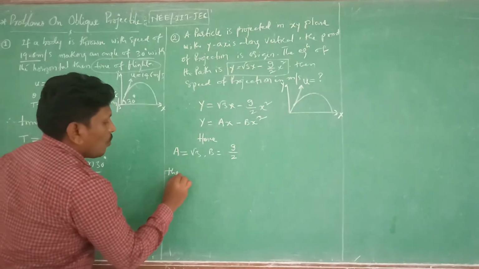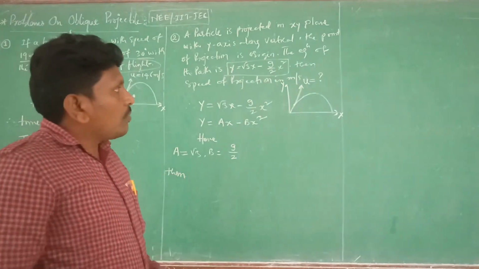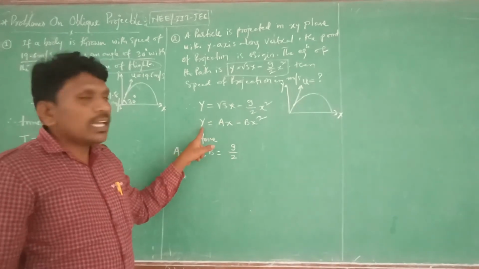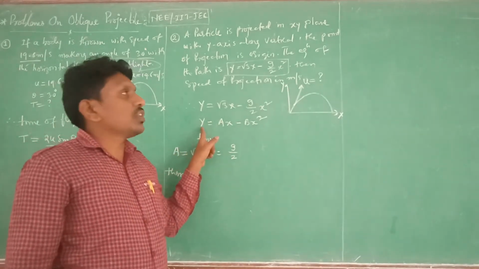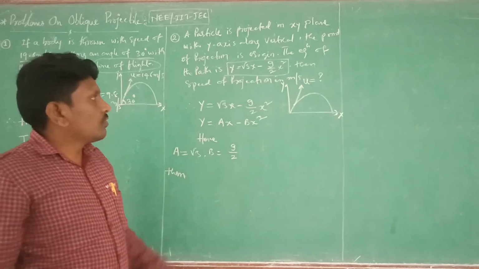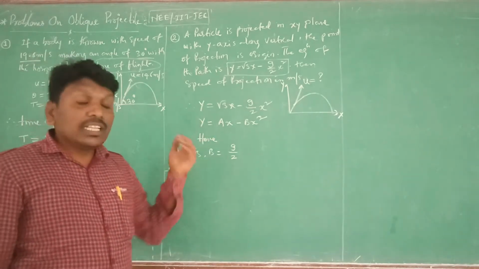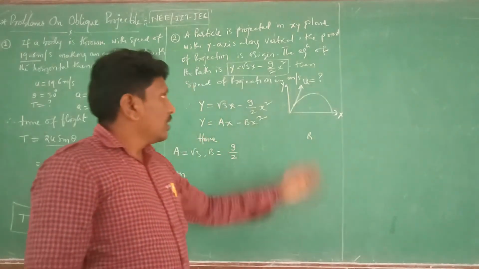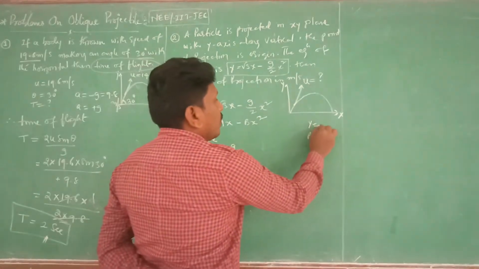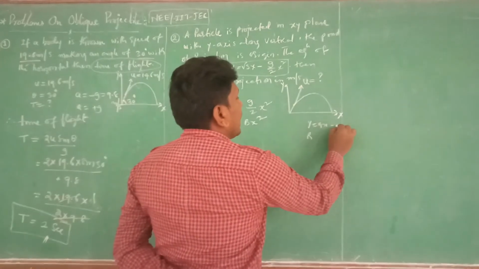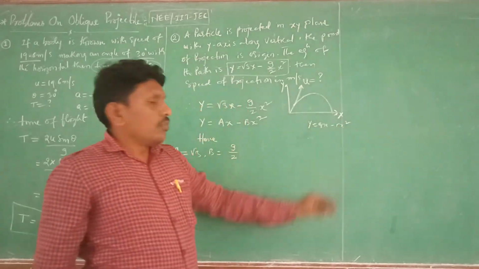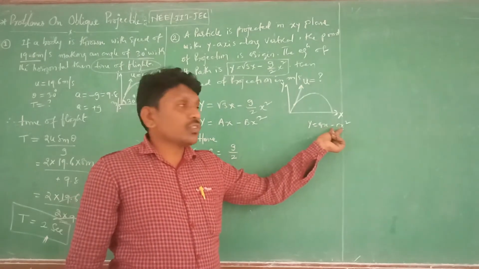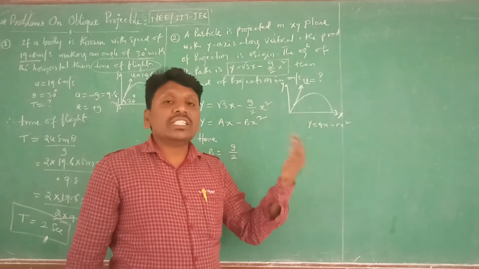Then what is the formula for the initial velocity when the problem is given as the parabolic equation of the trajectory? We have seen some formulas for this case, for example y equals 2x minus 5x square. Whenever a parabolic equation is given like this, how do we find the range and so on?